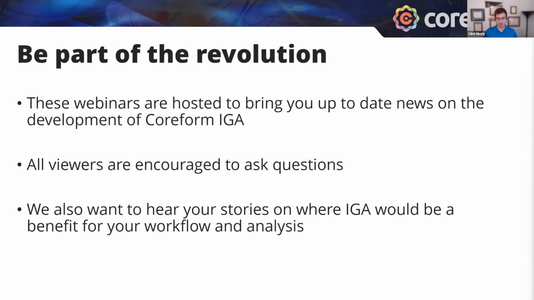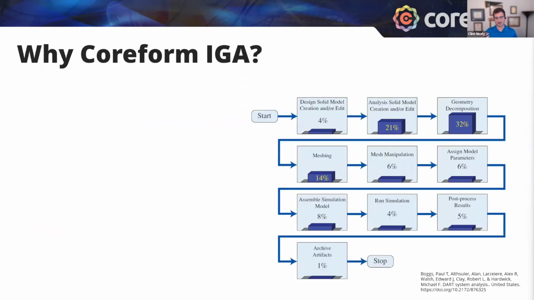And with that in mind, let's go forward into a brief description of Coreform IGA and broadly isogeometric analysis in general. So the idea for isogeometric analysis is that for a long time, the realms of computer-aided design and computer-aided engineering were separate but parallel paths.